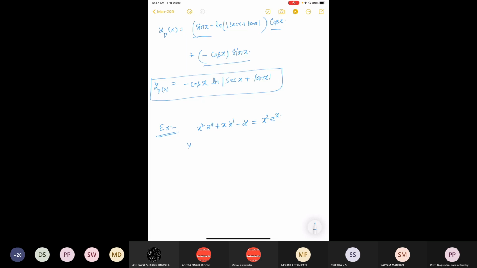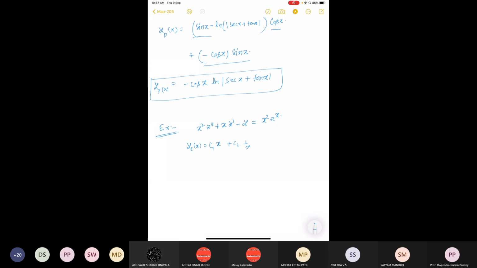First you have to find out ycx. What is yc here? So x to the power 1 and x to the power minus 1. So yc is c1 x plus c2 into 1 upon x.